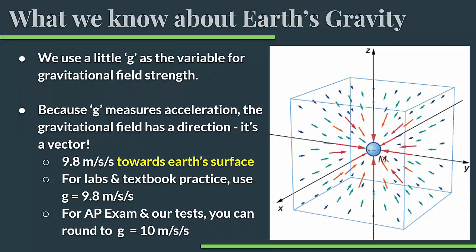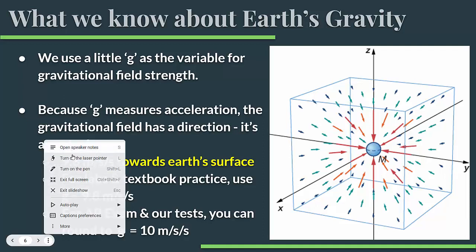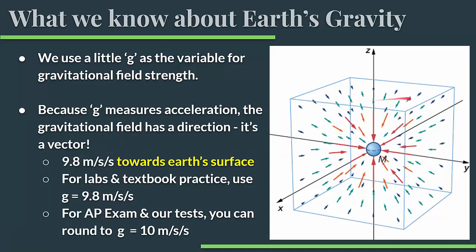Okay, so that little g measures acceleration. It measures the acceleration due to that gravitational field, and it has a direction because acceleration is a vector. And so what direction is that going to be? Well, you can see it in my image over here as well. When we talk about gravitational field strength, or if you think about Earth's gravitational pull, it's always pulling toward Earth's surface.